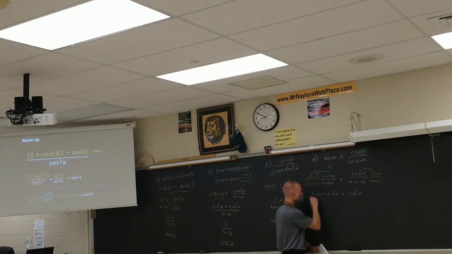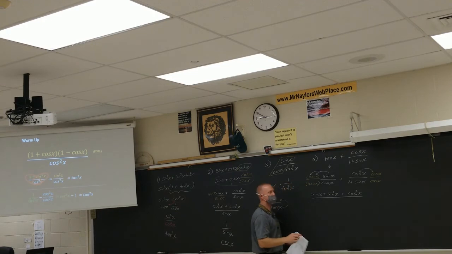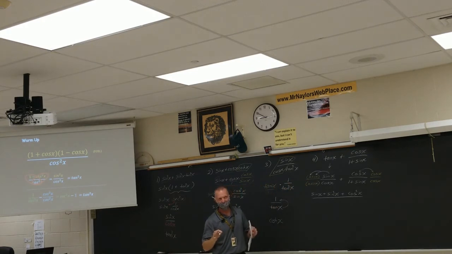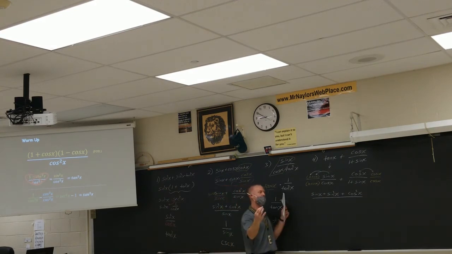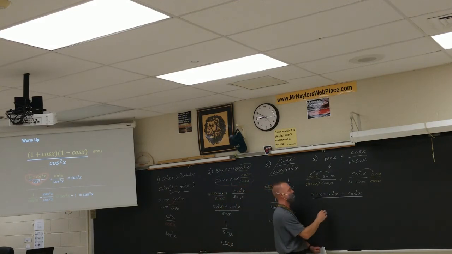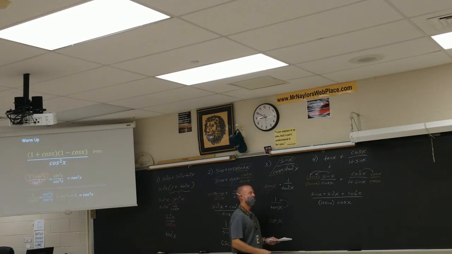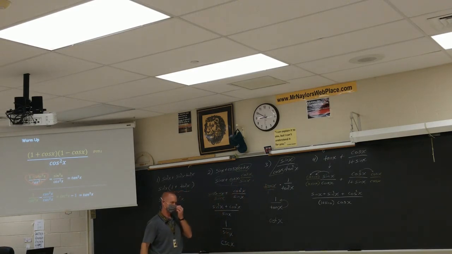By the way, just to save a step, this is already ready to be added together, so I don't need to write two fractions. I can add everything together. Basically, it's now one fraction. The numerators got added together.